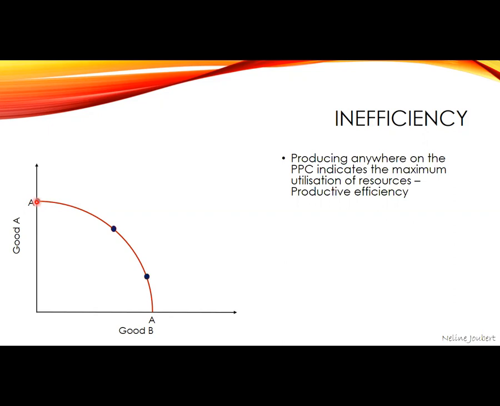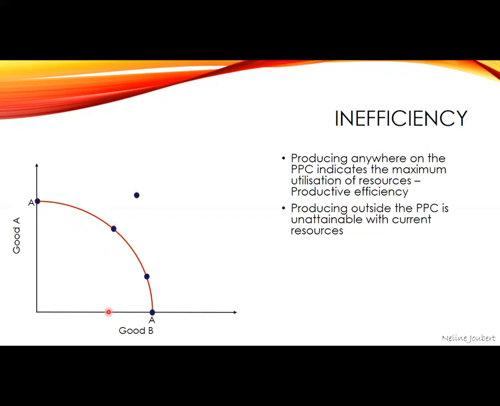Any movement along this curve still illustrates productive efficiency, even though at this point we gave up some of good A. We call this opportunity cost. In the process, we gained a lot of good B.